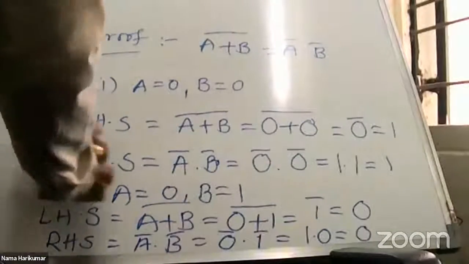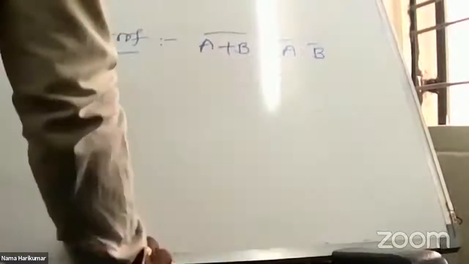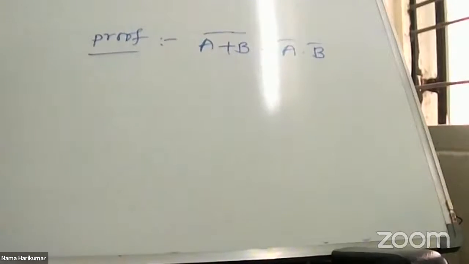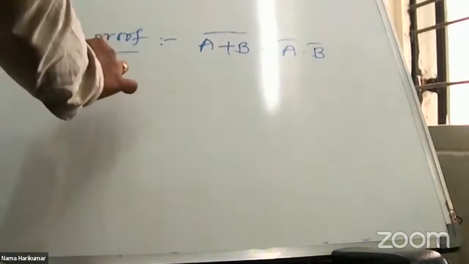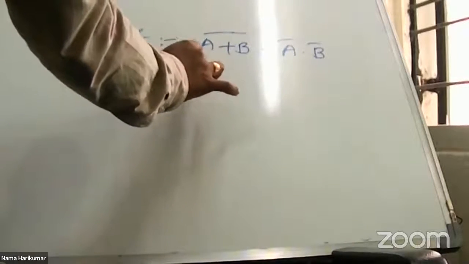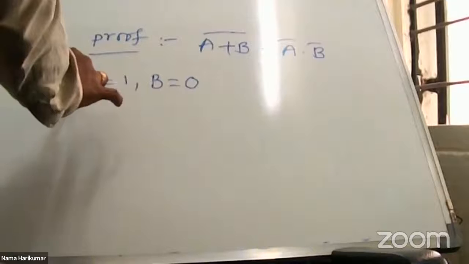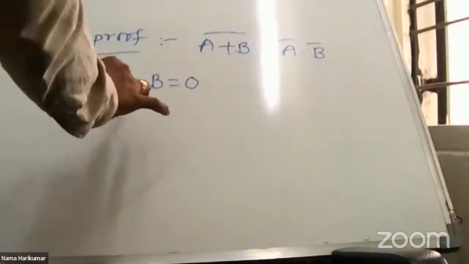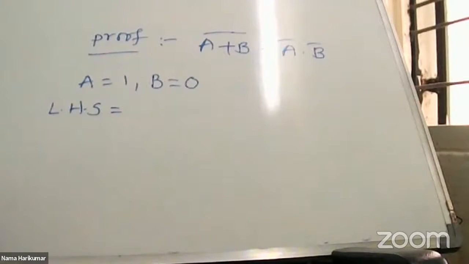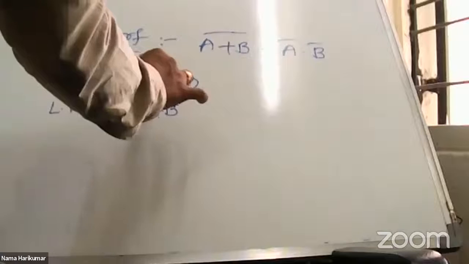The third condition is A equal to 1, B equal to 0. Then the LHS value is A plus B whole bar.